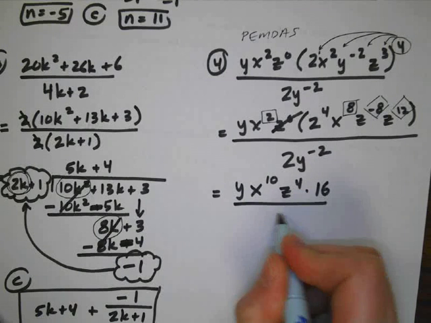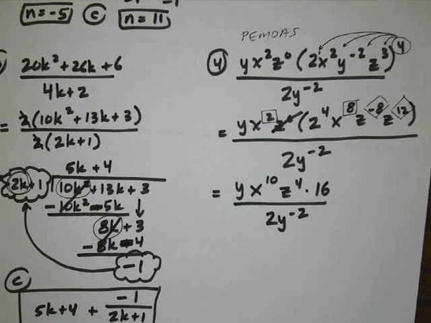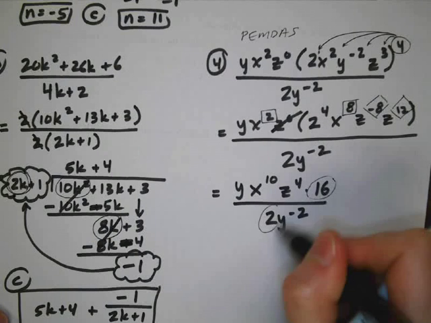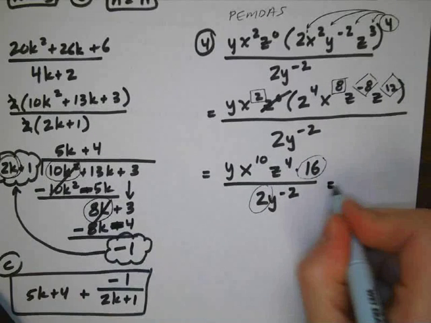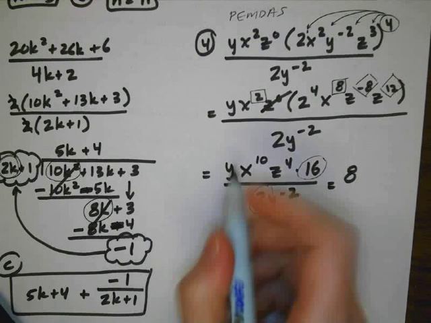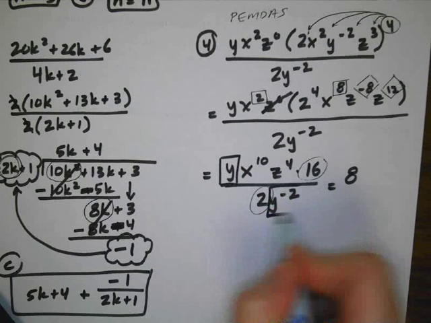And then we have a 2y to the negative second. Next, we want to combine anything across the division line. So we can do 16 divided by 2, and that is 8. We still have this y here, and the y over here can combine with the y down here.